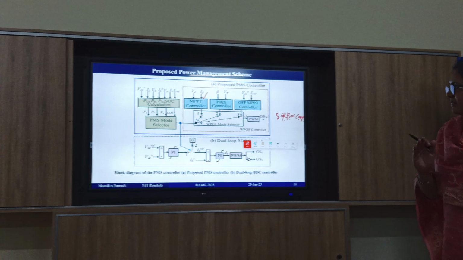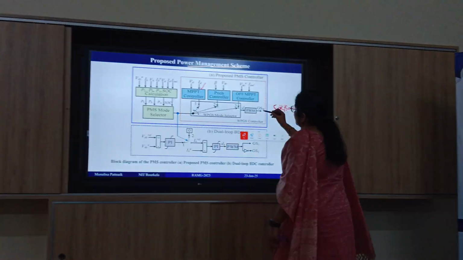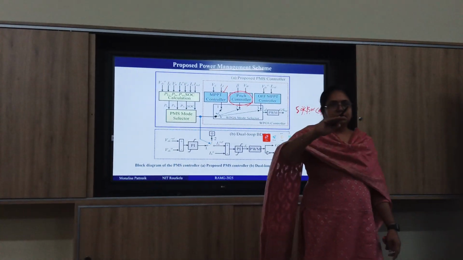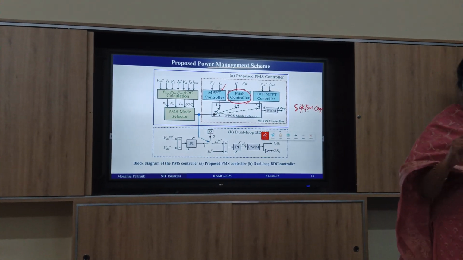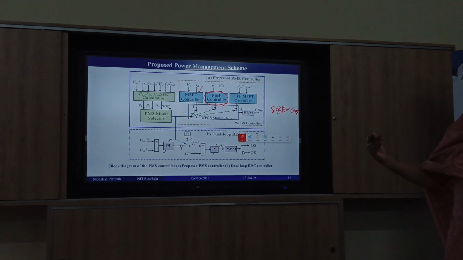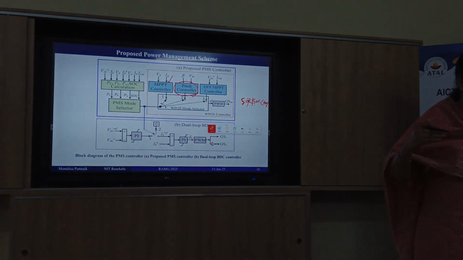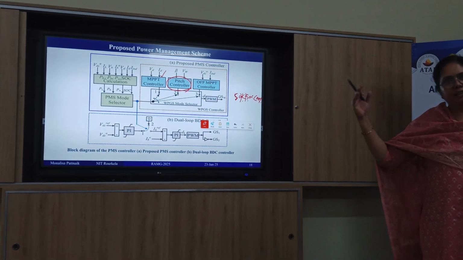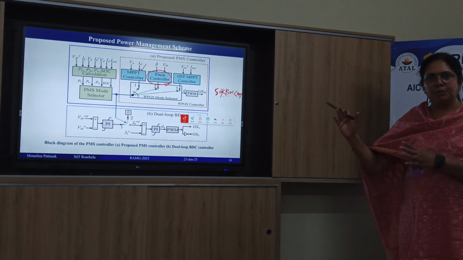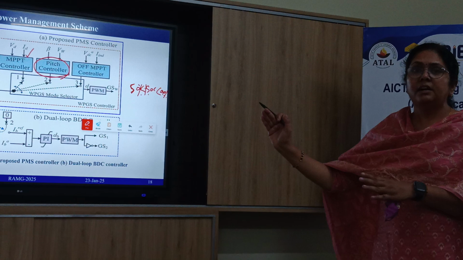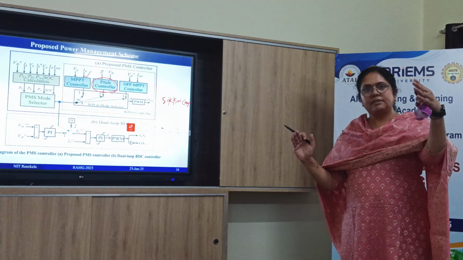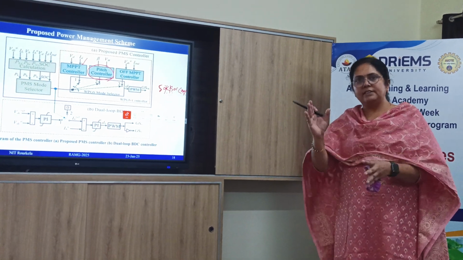In that case we have to go for a pitch controller mode where we are limiting the power to the rating of the generator. Pitch angle is set automatically. We are switching from the MPPT mode because wind power has crossed the limit, so we are changing the pitch angle.